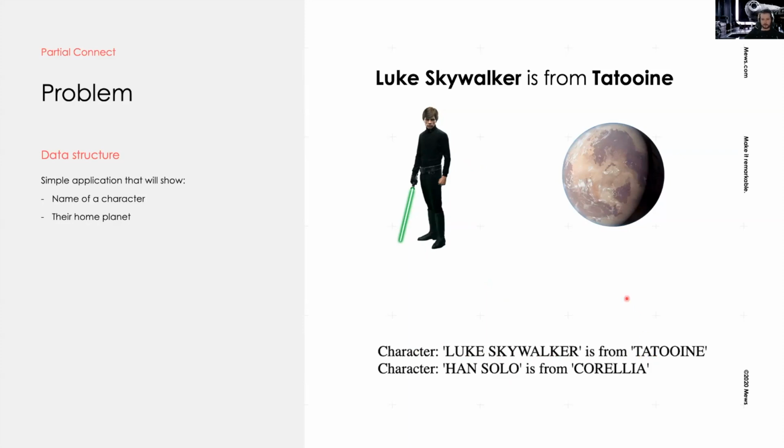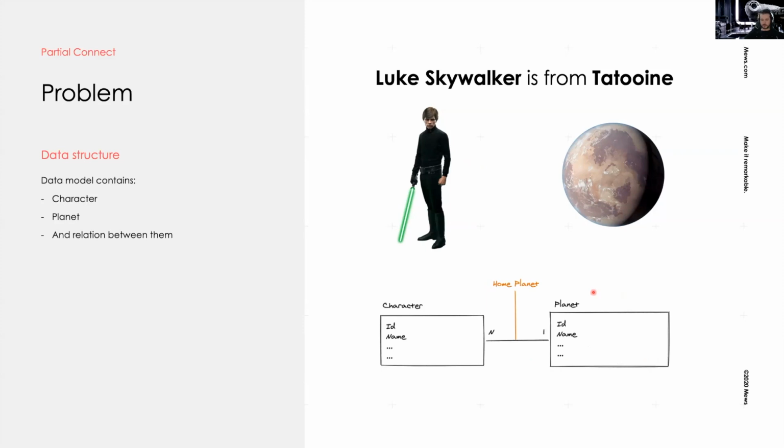In order to do so, we will need some kind of data structure, which is usually represented in a database by entities, where we have a planet entity, which has a unique identifier and the name of it. So this would be Tatooine here. And the character. As well, we will have a unique identifier and also the name of the character. And there is some kind of relation between them.